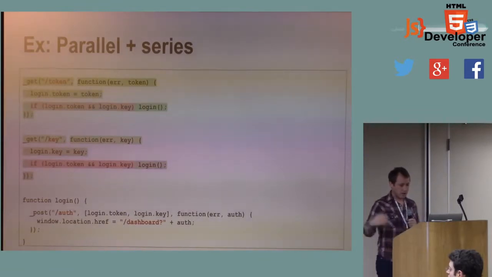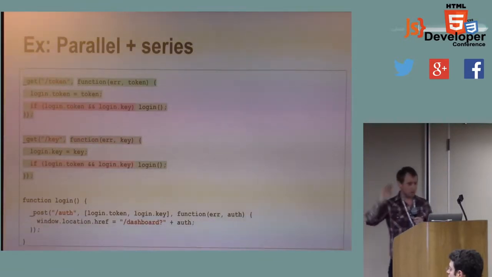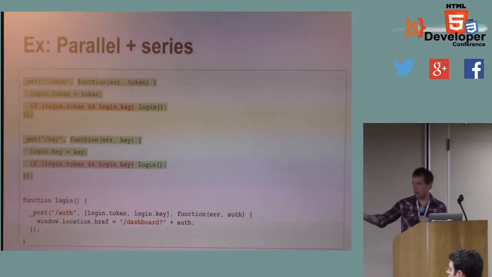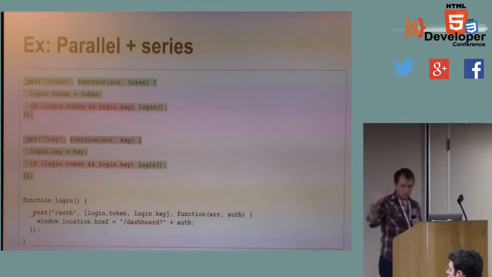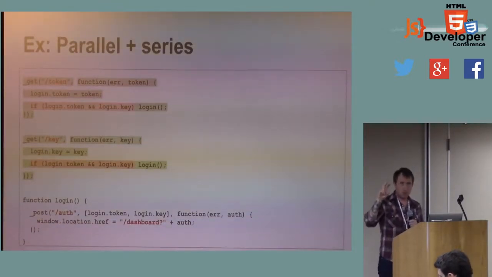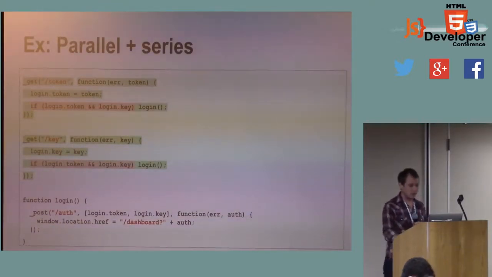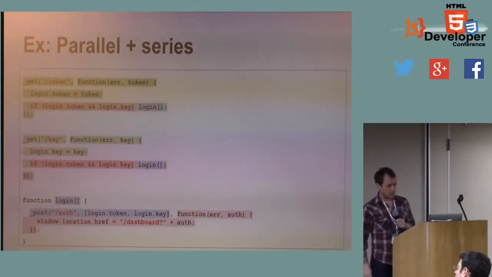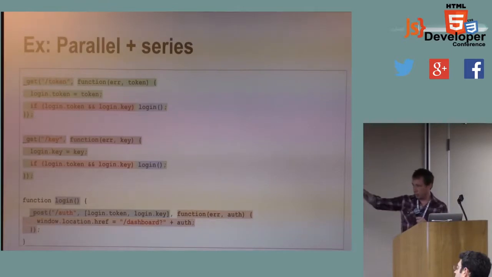When their data comes back from whatever remote system, I'm going to execute these callbacks, and in the callbacks, I'm going to check to see if I've got the data from both. So we're doing two things concurrently, and when both results come back, I'm going to execute my login function. Login is going to do a post to auth using that data, and then finally we're going to do a window.location.redirect.